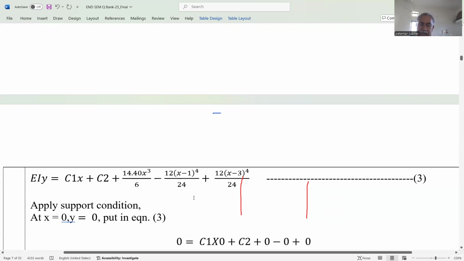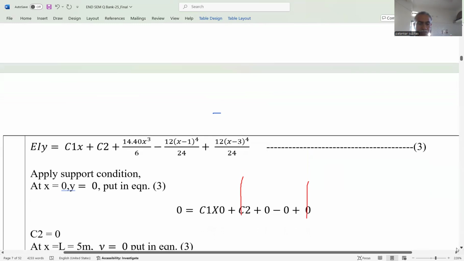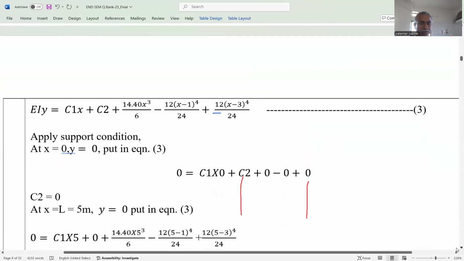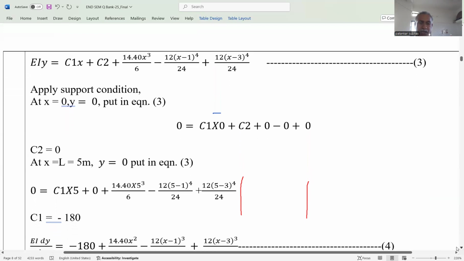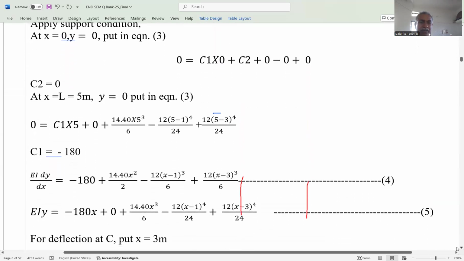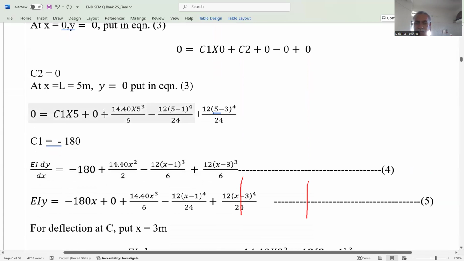And we know that for the cantilever at support A, the value of x is equal to L, that is 5 meter, so y is equal to 0.